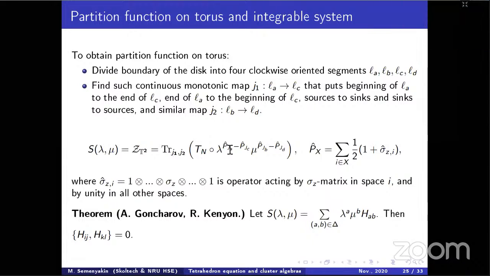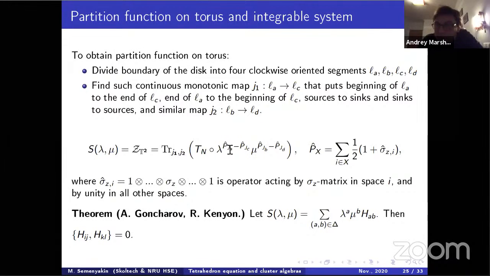But I'm afraid that if you try to introduce spectral parameters as some products of weights, they will actually be non-commuting. But in this case, these Hamiltonians will also be non-commuting. So probably it's a bad way to do it.